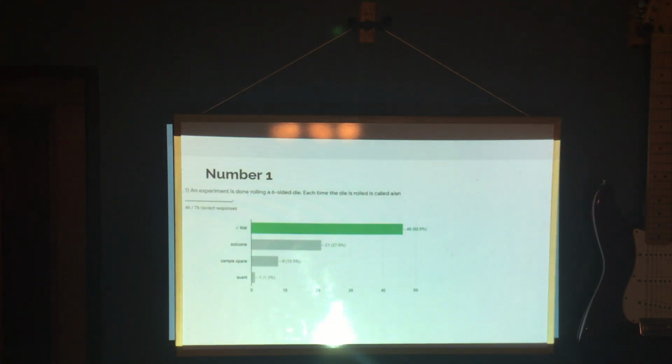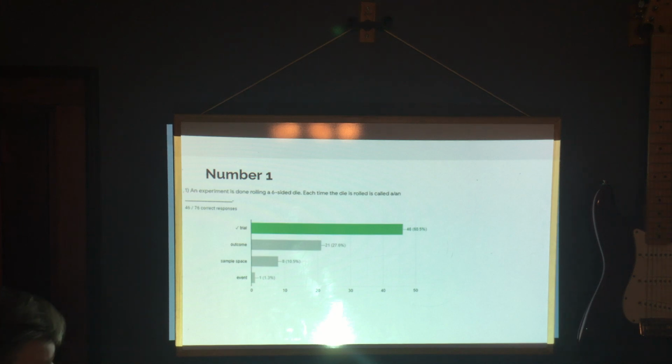So number one, I hope you can see that. It looks a little blurry close to me. It says an experiment is done rolling a six-sided die. Each time the die is rolled is called a or an, and your choices were trial, outcome, sample space, or event. Every time you perform an experiment is called a trial.